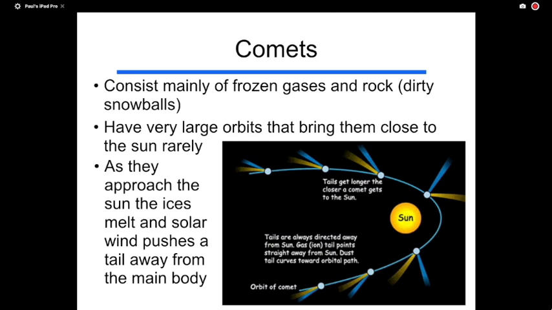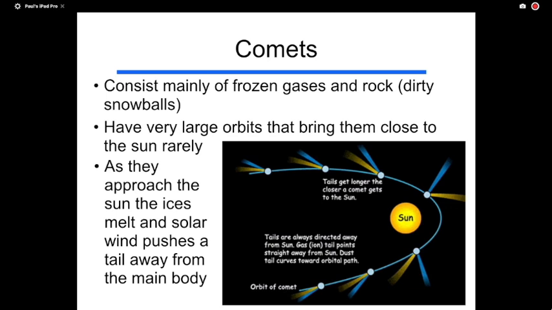They are composed mainly of frozen gases, some rock in them, and when they approach the sun, they tend to melt. And what happens is the material converts into gas, and that gas is given off because it's being warmed by the sun. And as it gets closer and closer to the sun, remember, you go fast when you go by the sun and you're slow when you're very far away.